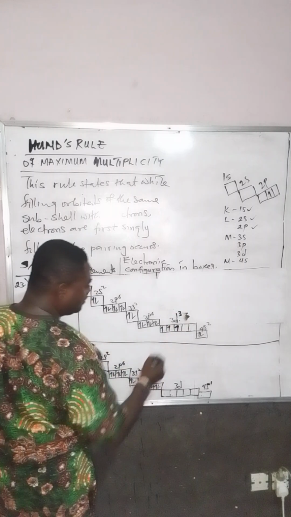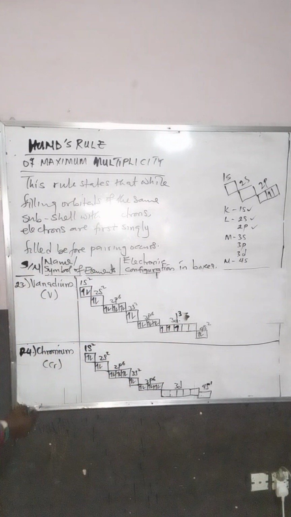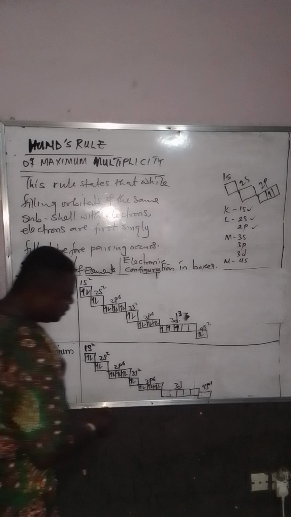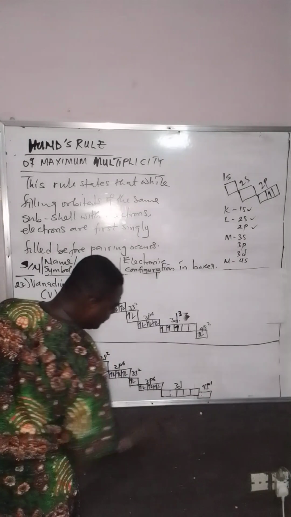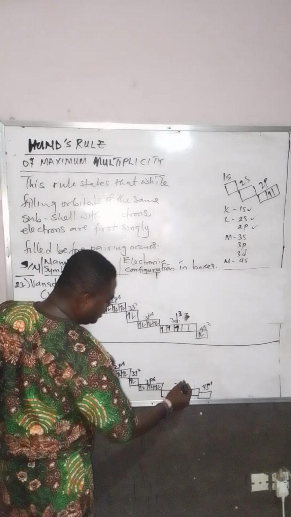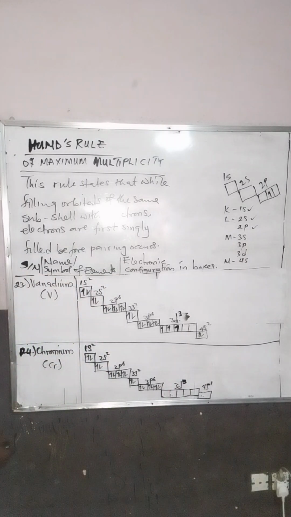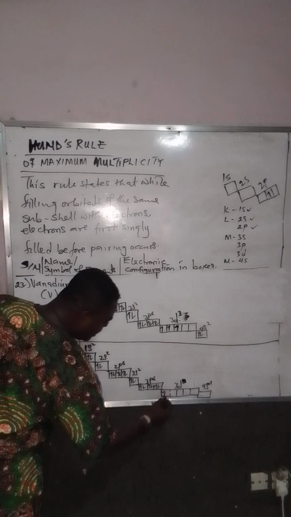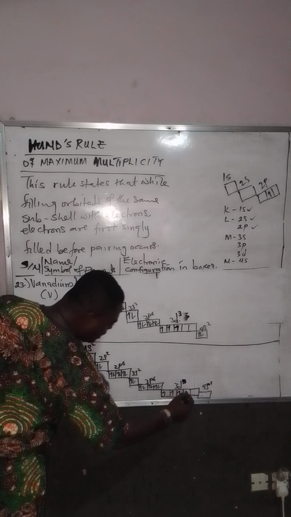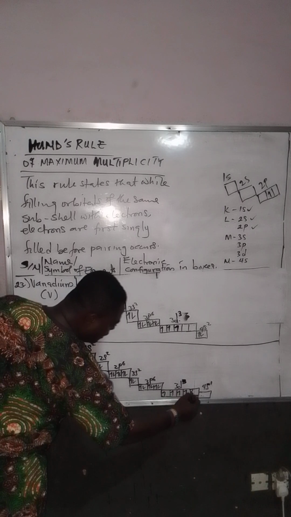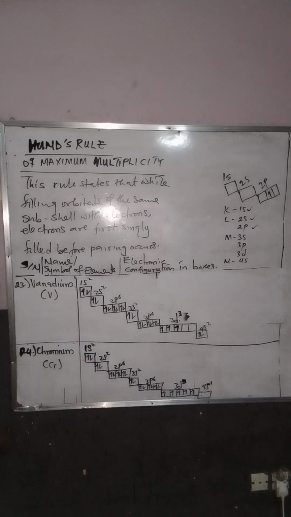Then chromium, after this 4s1, it should be 3d5 instead of 3d4 before. Then for 5, now 1 here, 1 here, 1 here, 1 here, and 1 here.